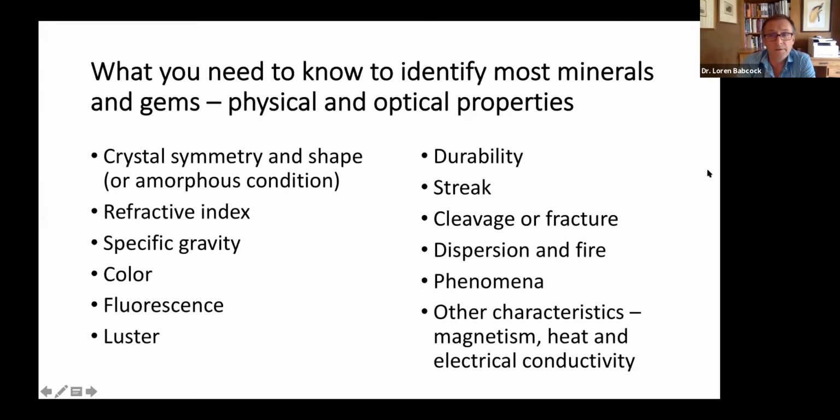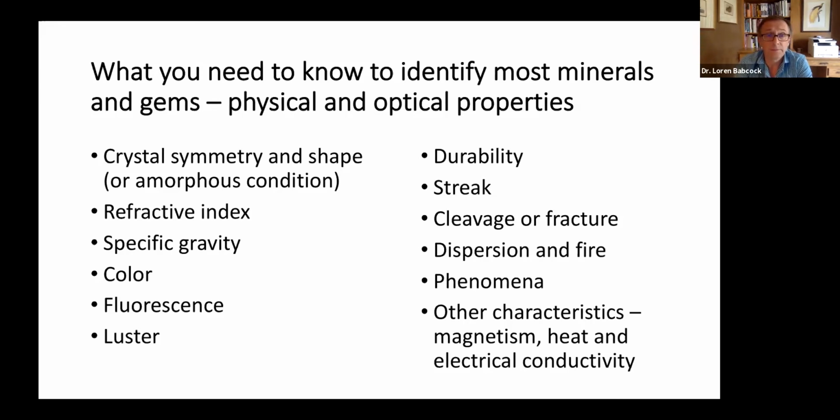And the things that we are ordinarily testing for are such things as the symmetry of the crystal, and sometimes also the shape within that symmetry group, or alternatively, whether the stone is of amorphous form. And I'll get to what crystal symmetry means in a short while here. We test for refractive index. We test for specific gravity or the relative weight of the stone.